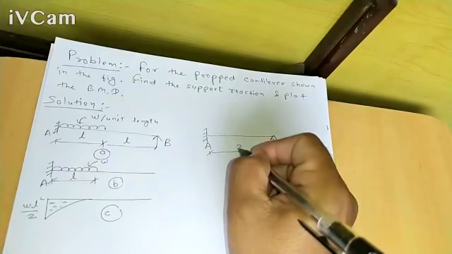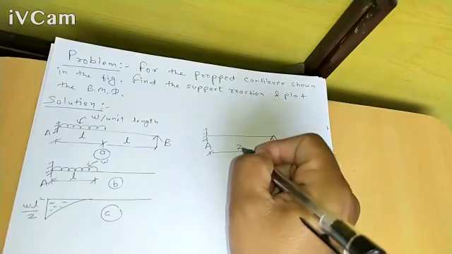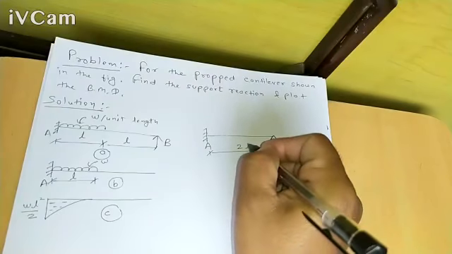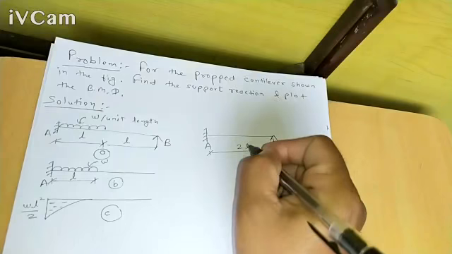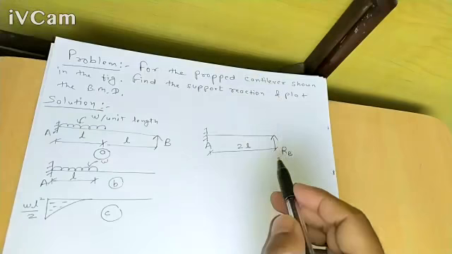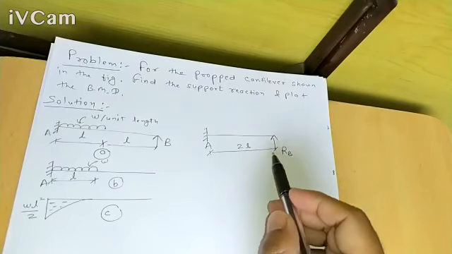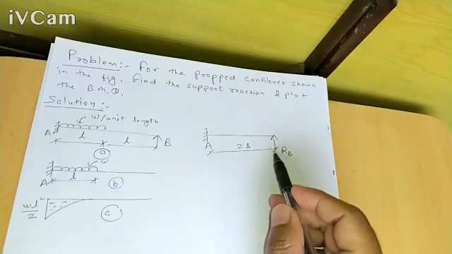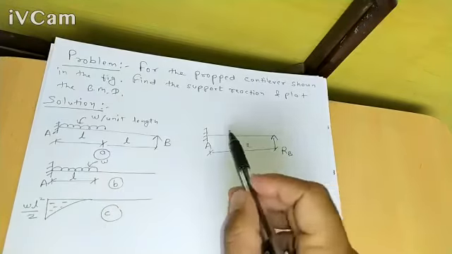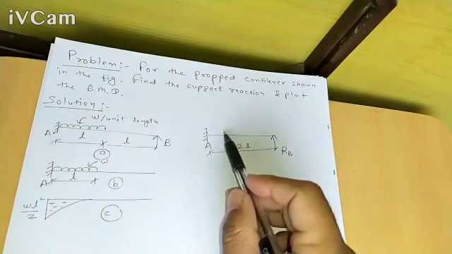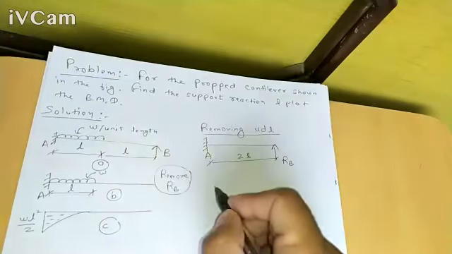And now in the next case, you have to remove the UDL; you can write down here, removing UDL. And this one is removing RB. Now, after removing the UDL, what would the bending moment diagram be? It would be in a triangular shape.